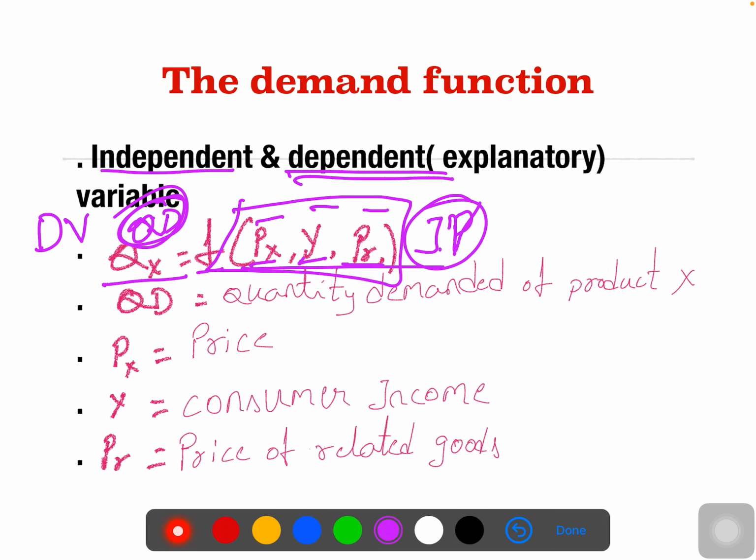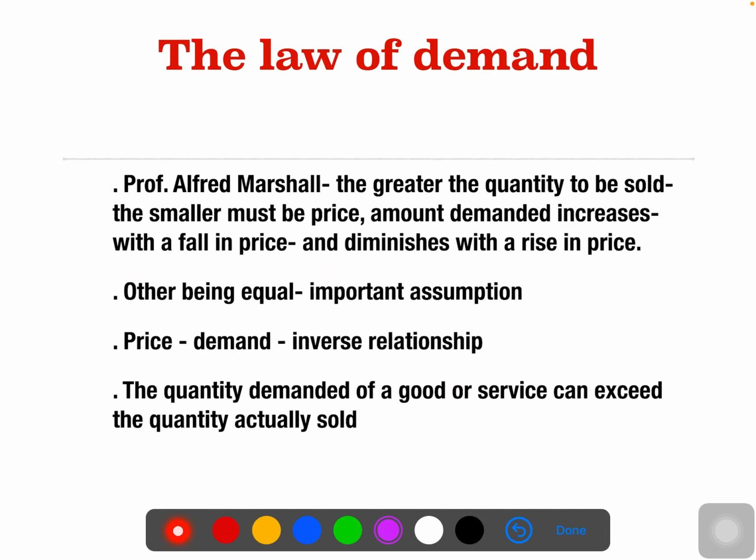QD is the quantity demanded, PX is the price of the product, Y is the consumer's income, and PR is the price of the related goods. All three are determinants of demand which influence the quantity demanded. The next topic we are going to talk about is the law of demand.